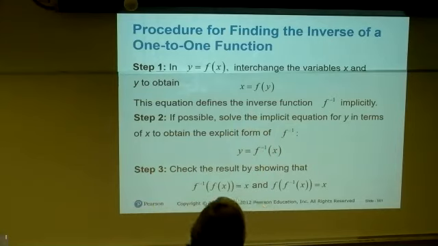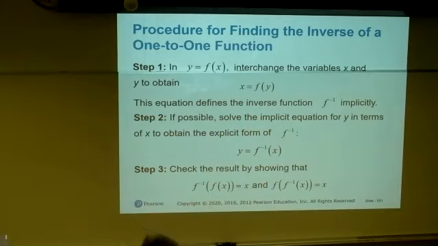Where there's an x, you put a y, and where there's a y, there's an x. And then you solve for y. And that gives you f inverse. And then you check your result by doing the two compositions, f inverse of f and f of f inverse.